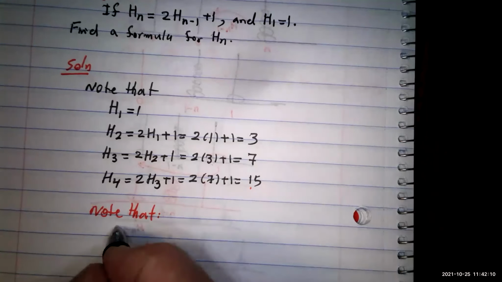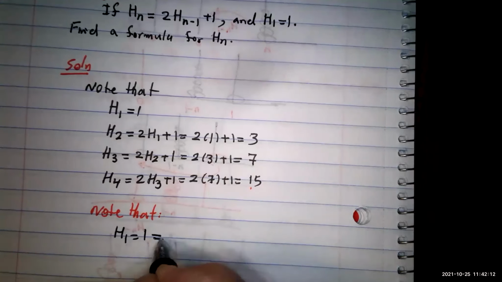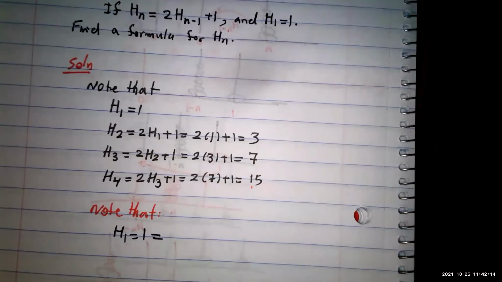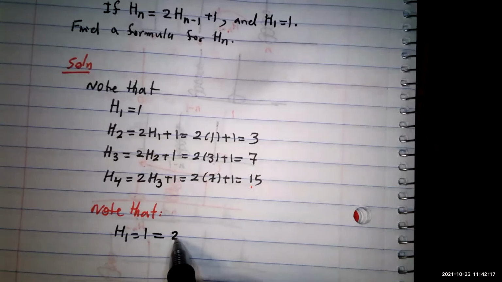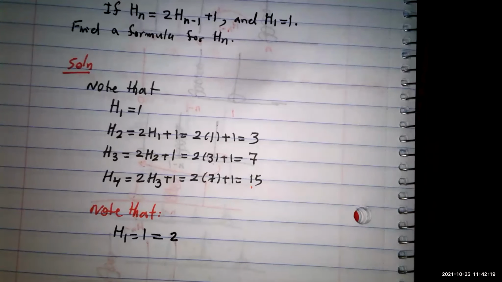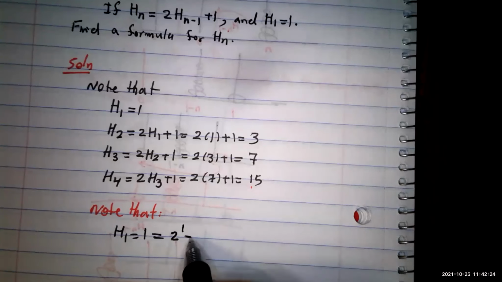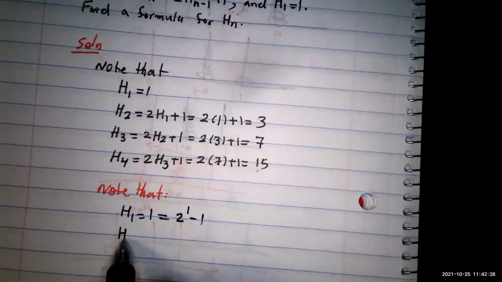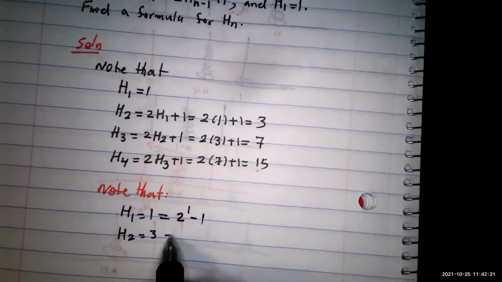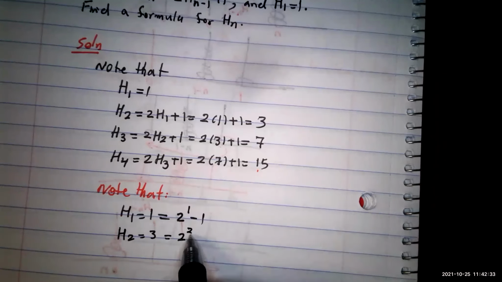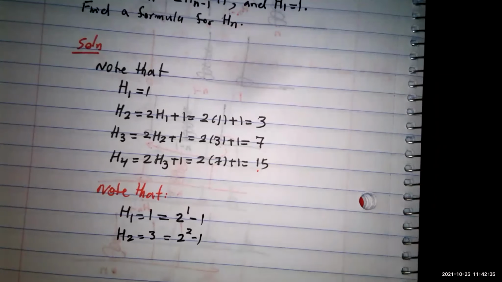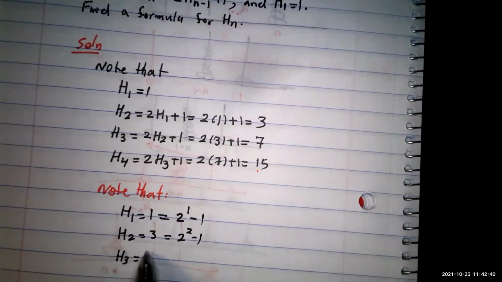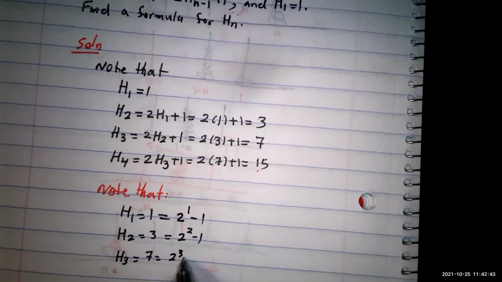So we are going to rewrite that. H1 is 1, which is equal to 2 to the first power minus 1, that gives you 1. Then H2 is 3. So 3 would be 2 squared minus 1, because 4 minus 1. H3 is 7. 7 is 2 cubed minus 1.